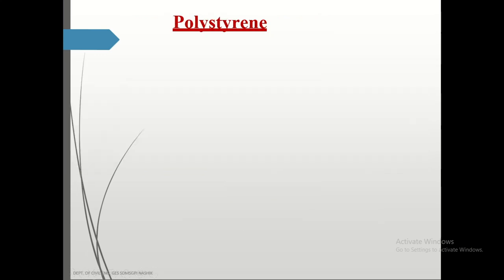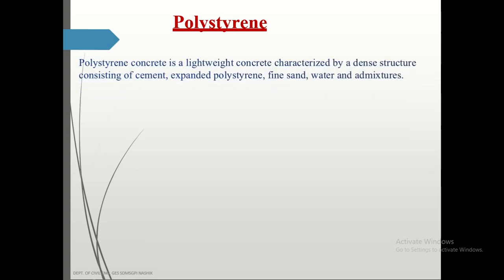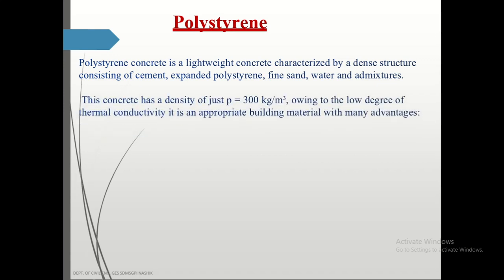Now, the last material is polystyrene. Polystyrene concrete is a lightweight concrete characterized by dense structure consisting of cement, expanded polystyrene, fine sand, water, and admixture. This concrete has a density of just 300 kg per meter cube.